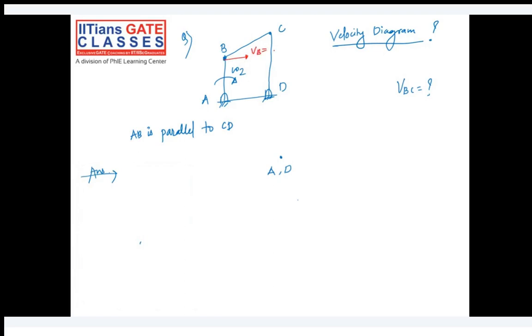Omega 2 into AB, correct? So basically, this is your B point. Can you tell me where the C point will come?